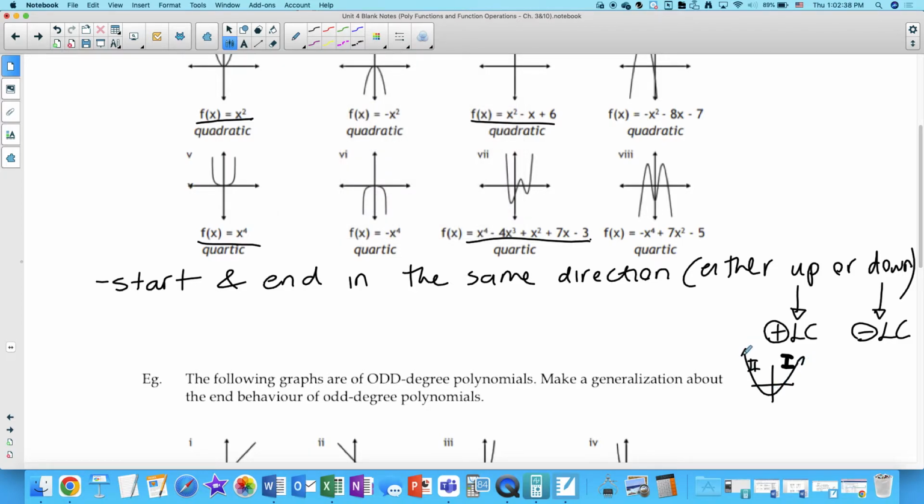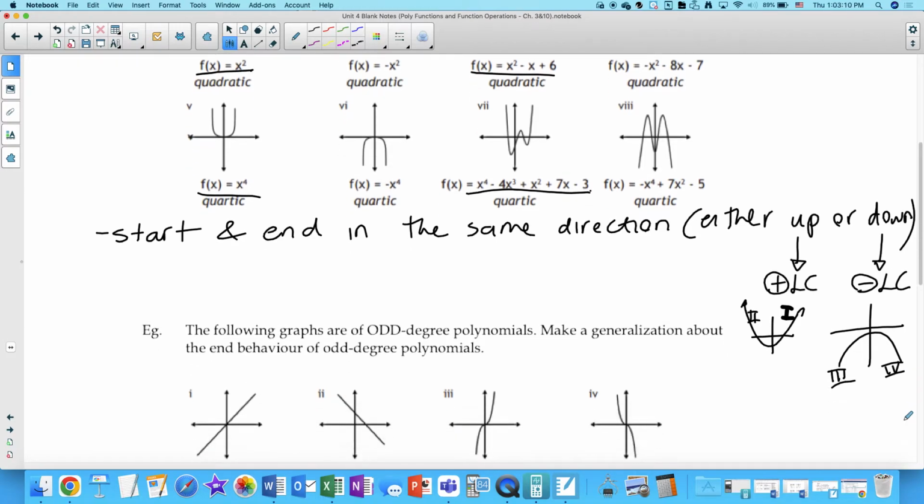If it ends down, that end behavior is 3 to 4. I haven't put these down for you, but if we looked at some degree 6 polynomials or degree 10 polynomials or degree 72 polynomials, as long as it's even, we're going to see the same sort of pattern.